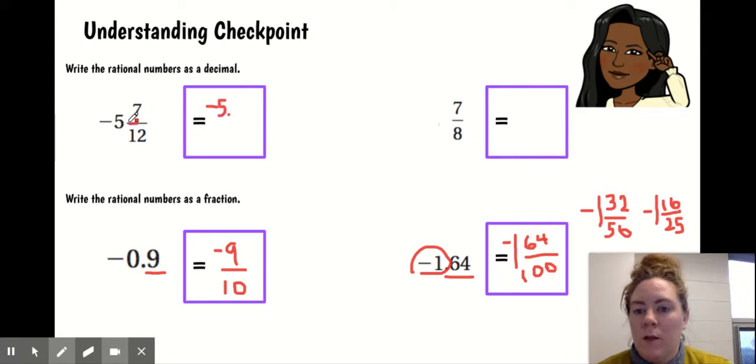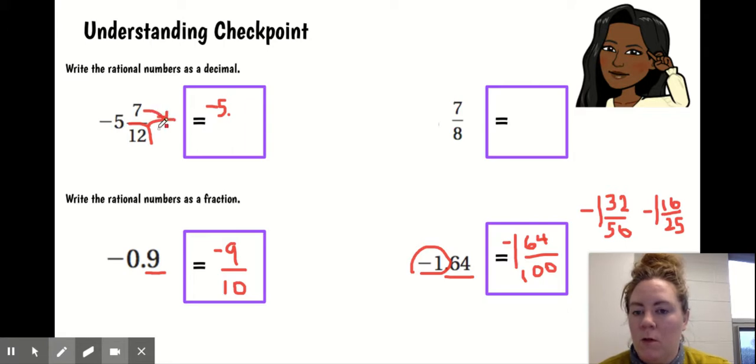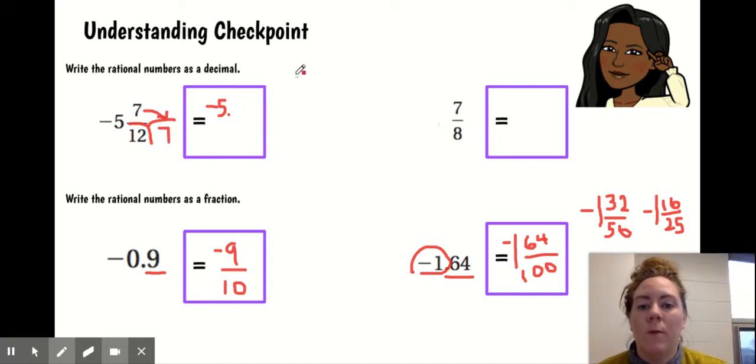You're going to knock this down and flip it over, move this down below, and that's how I like to remember it. I'll rewrite it nicely over here so that my denominator is on the outside and my numerator is on the inside. Add my decimal and a 0, and I can start my long division.